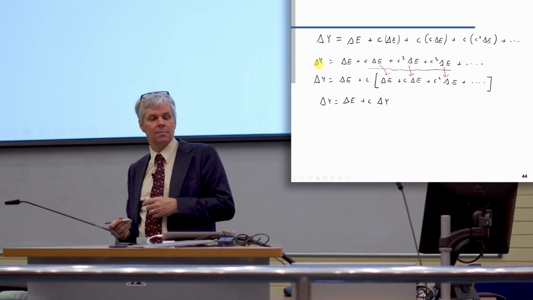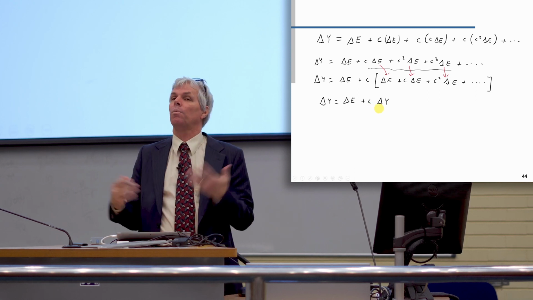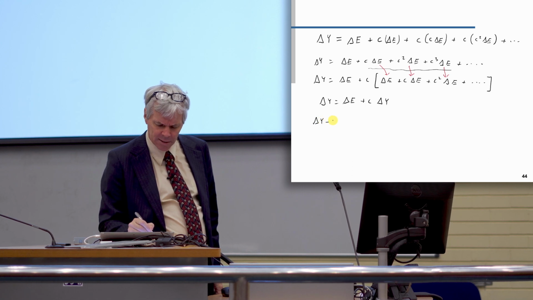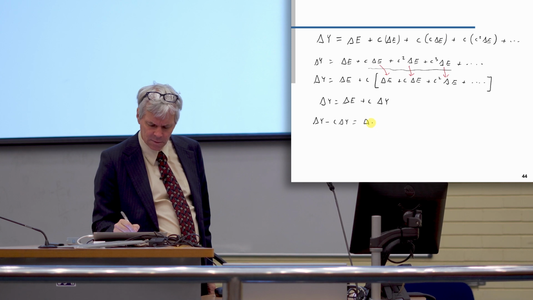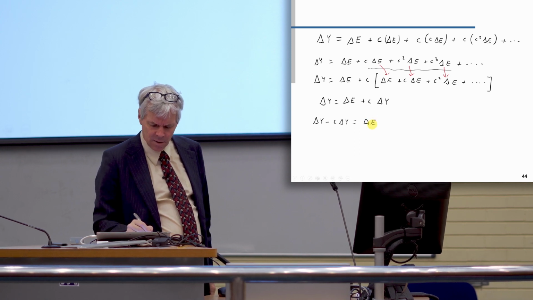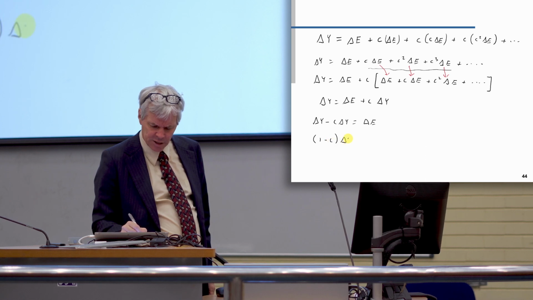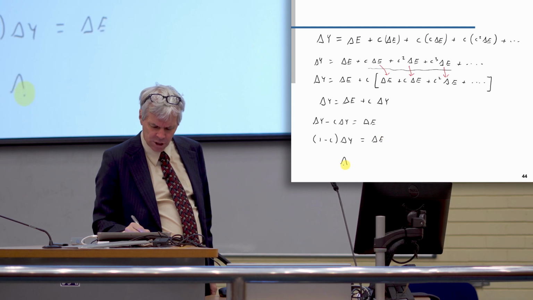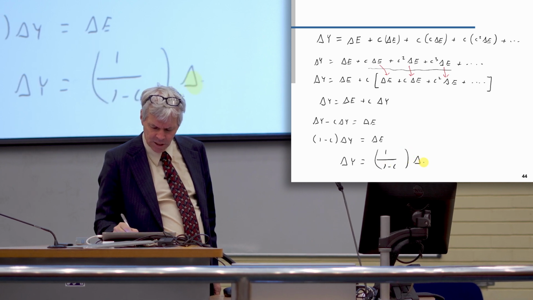Okay. And so now I'm in business. I've got delta y on both sides. Let me put them on one side, so I get delta y minus c delta y is equal to delta e, or 1 minus c times the change in y is equal to the change in e, or the change in y is equal to 1 over 1 minus c times the change in e.